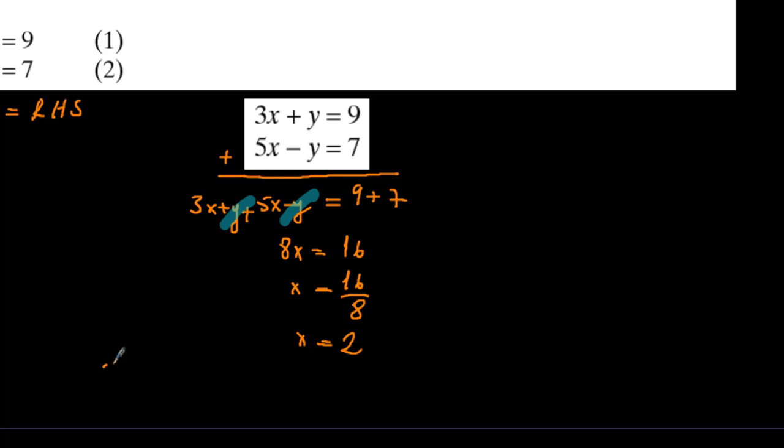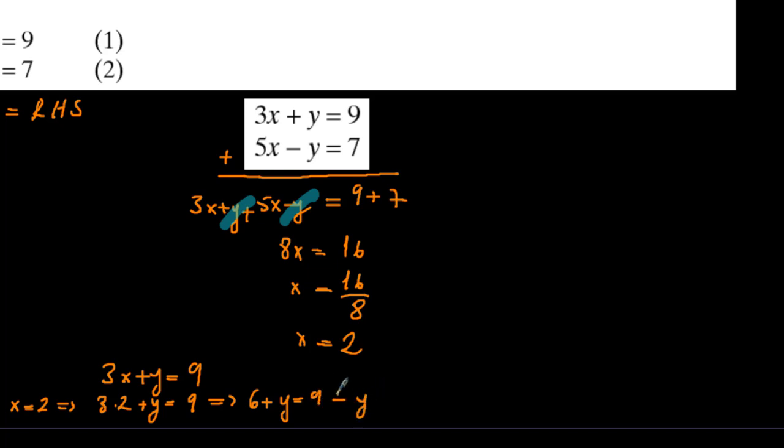I'm going to use one of the equations, 3x plus y, since it's equal to 9. I know that x is equal to 2. If x is equal to 2, then 3 times 2 plus y should be equal to 9, which implies that 6 plus y is equal to 9, so y is equal to 9 minus 6, which is 3.